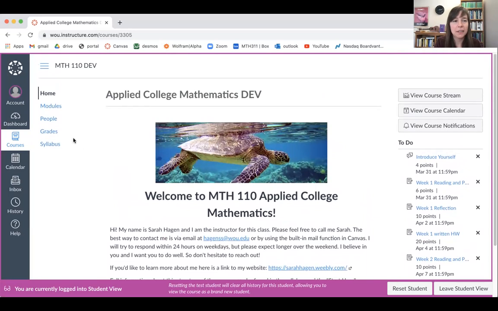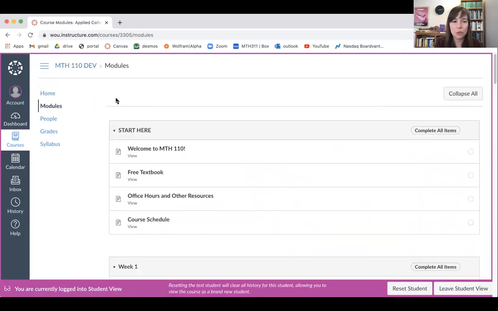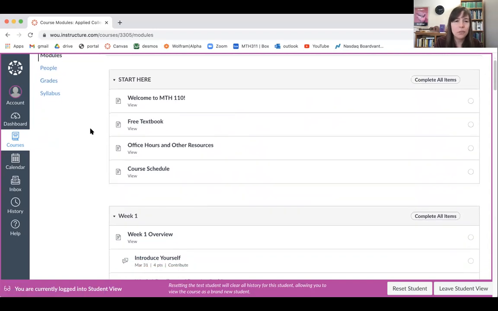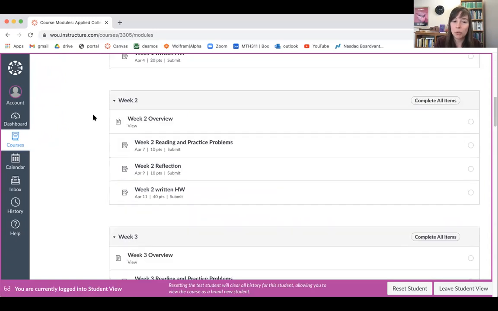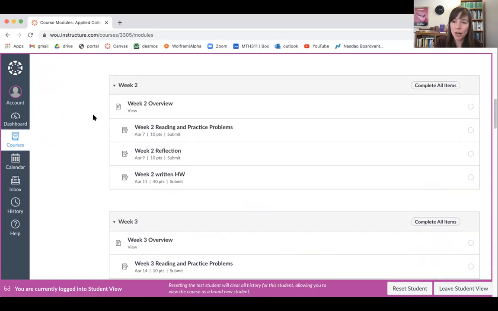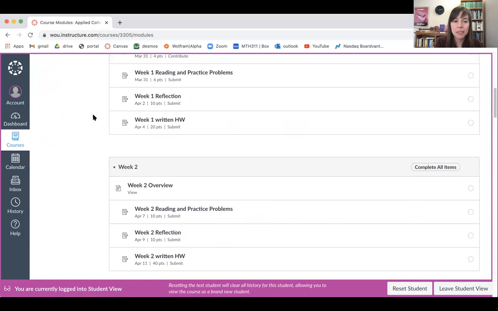So let's click on modules. You might even want to bookmark the modules page, since this is really where you're going to be going. So, okay, this is the modules page. Hopefully this isn't the first class you've had in Canvas, and so you've seen something like this before. I have the modules broken down by week to help you organize your time.